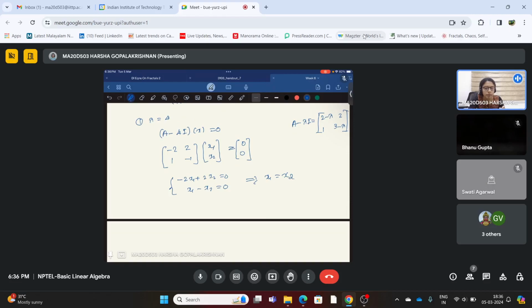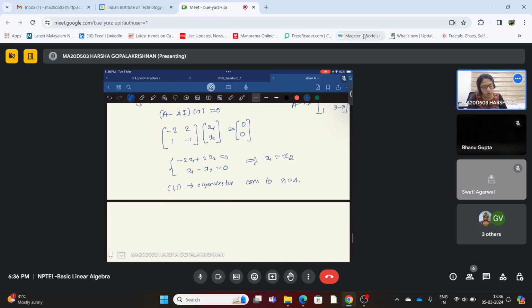Any eigenvector? (1, 1). Yeah, (1, 1) is an eigenvector corresponding to lambda equal to 4. Now we can talk about the null space of A minus 4I.